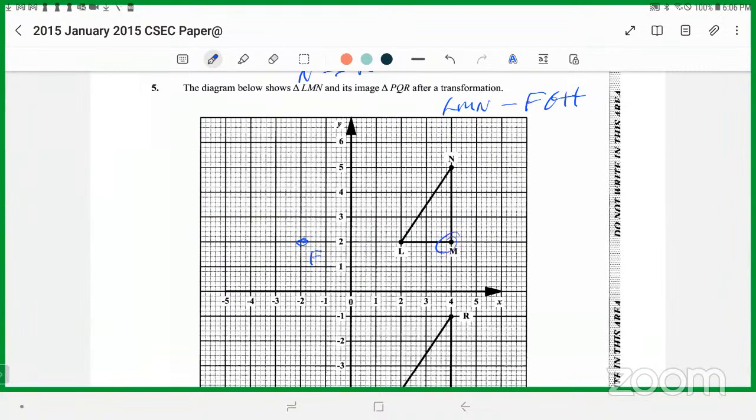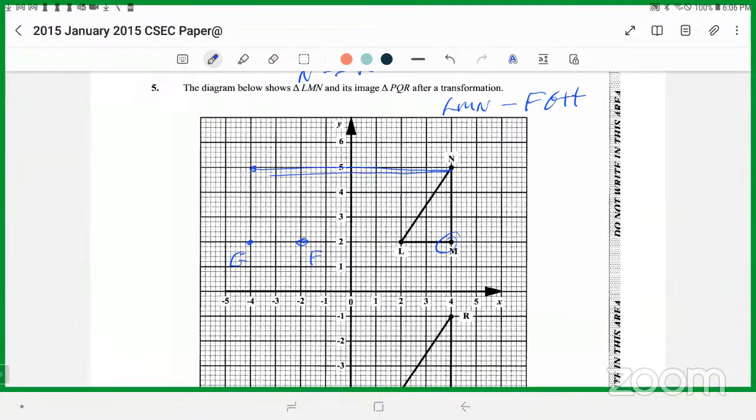Then M is 4 units from the mirror line. It's going to go 4 units on the other side to here. That point is the second point, which is G. And then N is the same, 4, so it's going to go back over this one right here.